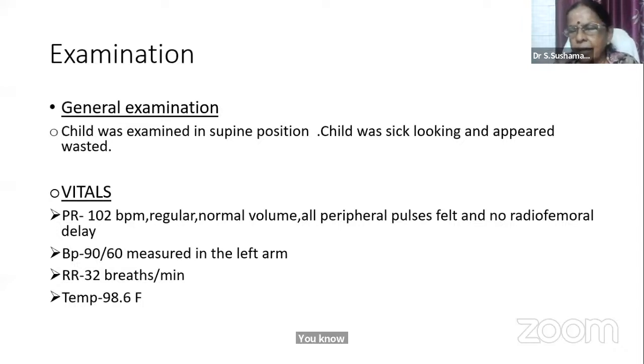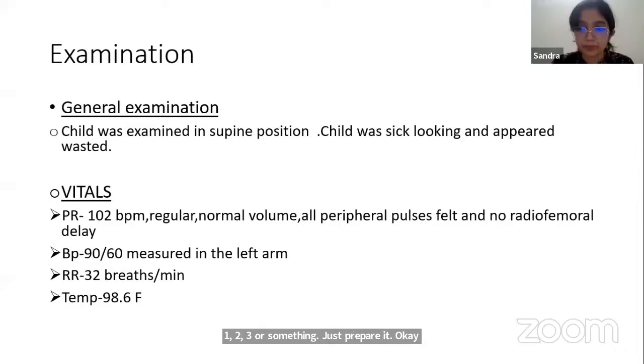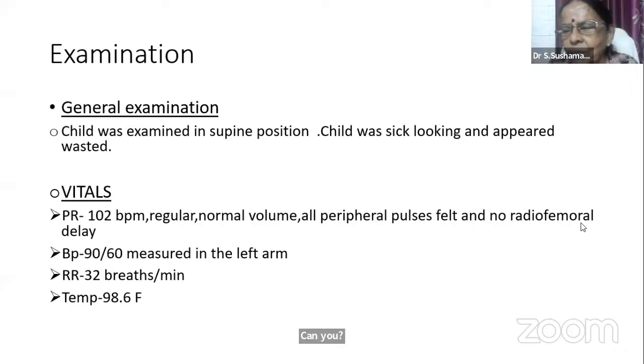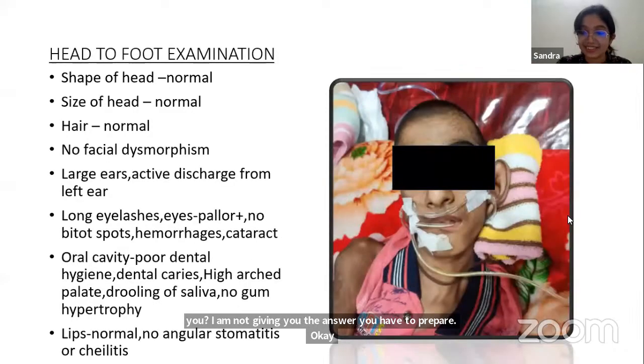So there are parameters to say a sick looking child, whether those parameters were there or how many parameters were there, 1, 2, 3 or something. Just prepare it. Continue. I am not giving you the answer. You have to prepare. Being a PG, you have to prepare.